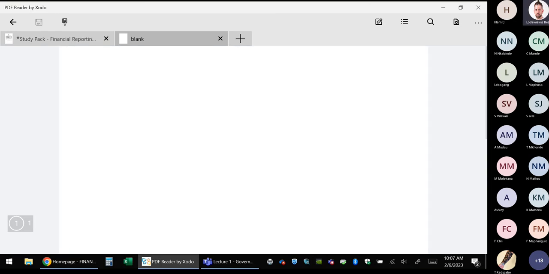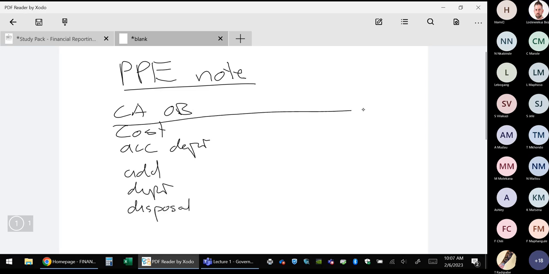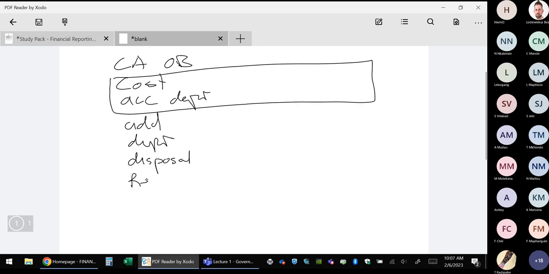Okay, remember previously, how did you do the PPE note? We had carrying amount, opening balance, cost, accumulated depreciation. Then you had additions, depreciation, disposals, revaluation.